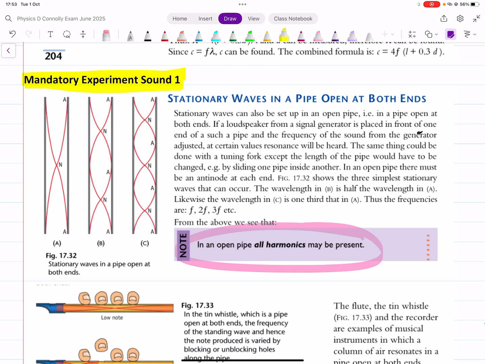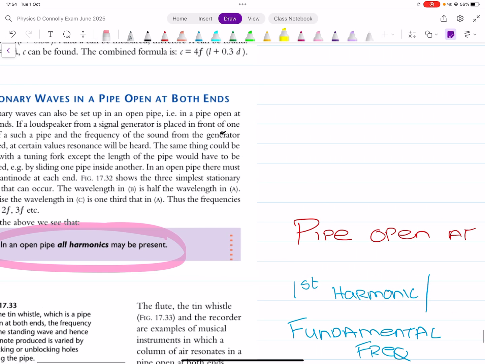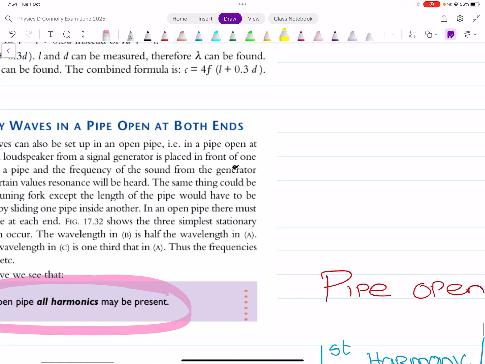But for today, what I want you to do is look at stationary waves in a pipe open at both ends. Okay? So in a pipe open at both ends, so that would be just like this. At the open end, you need an antinode.